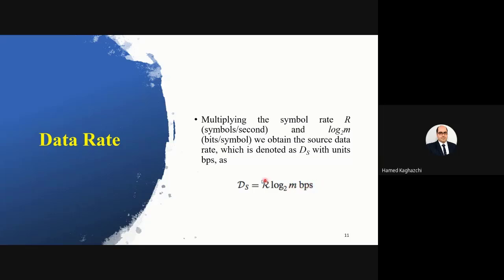The unit of data rate is bits per second. This value is the number of bits of data that each source produces.